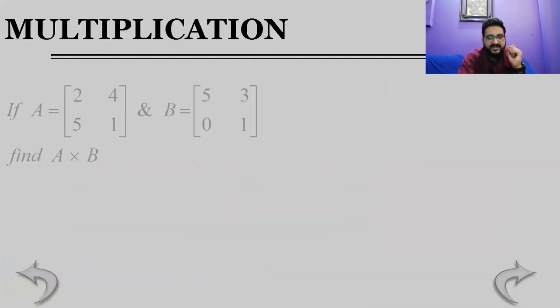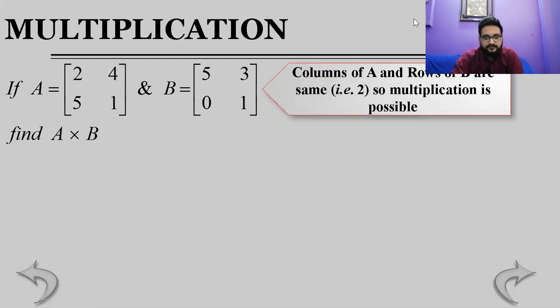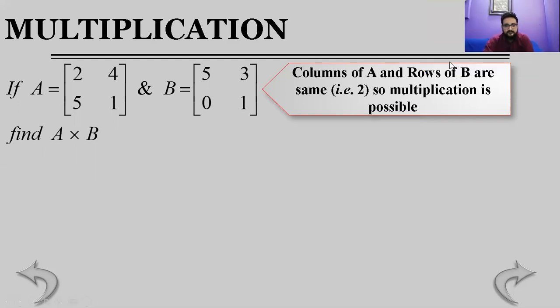Let me suppose that matrix A is 2, 4, 5, 1 and matrix B is 5, 3, 0, 1. Okay, first to check the condition is this: columns of A and rows of B are same.